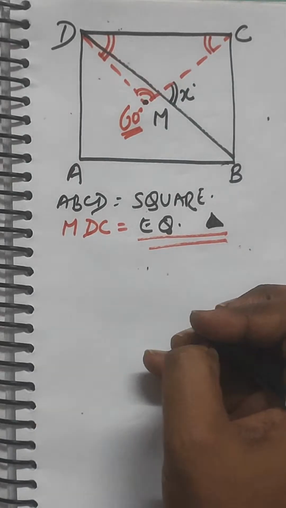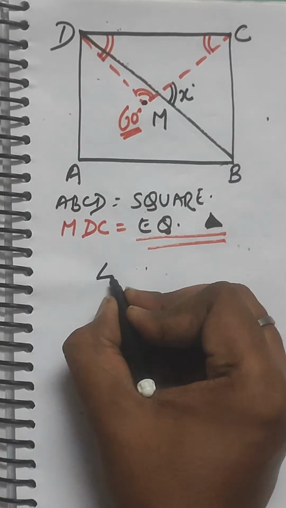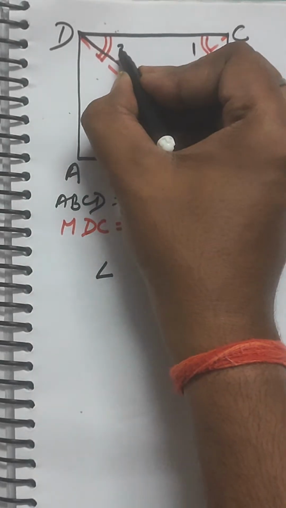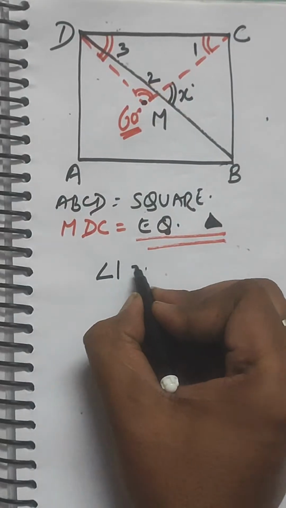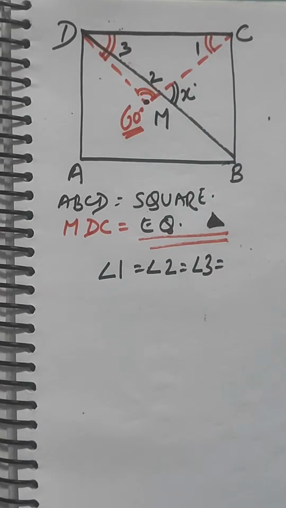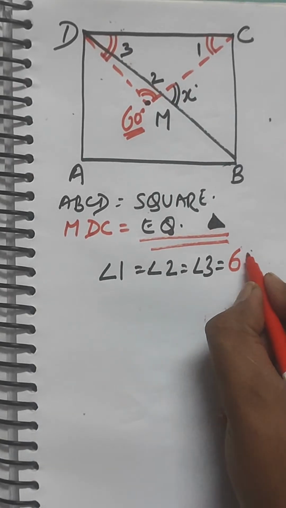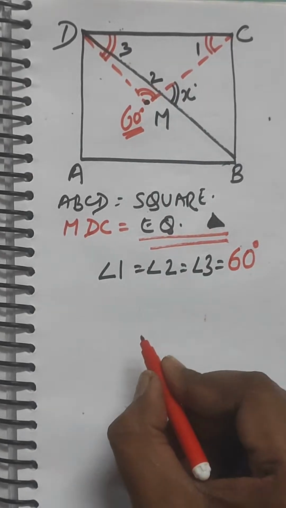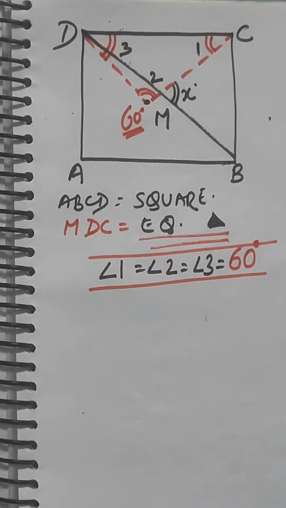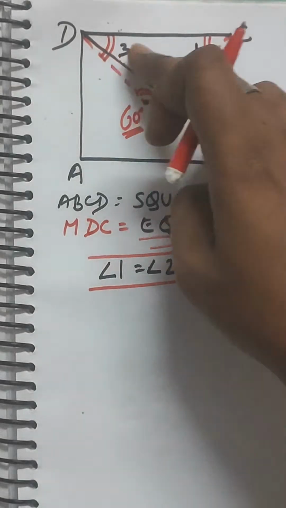Let's say this is angle 1, this is angle 2, and this is angle 3. Then angle 1 equals angle 2 equals angle 3, and 180 degrees divided by 3 gives 60 degrees as the measure of angles 1, 2, and 3.